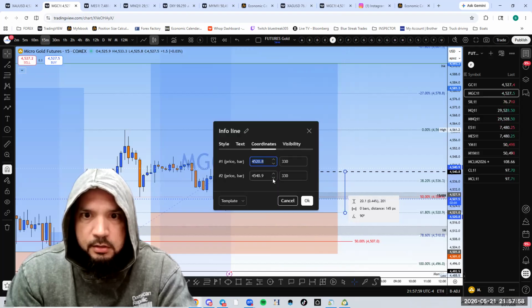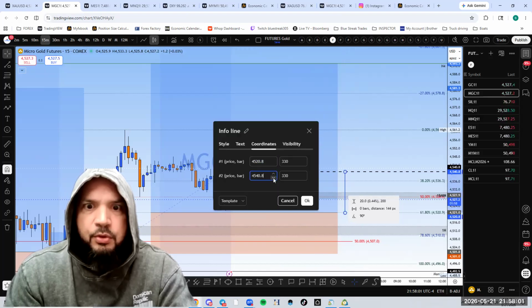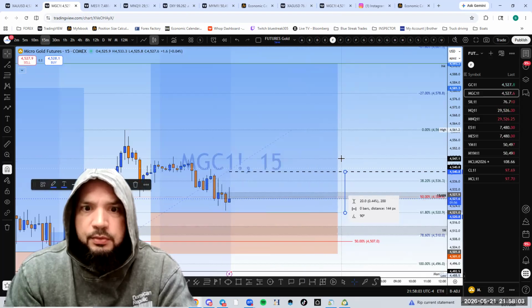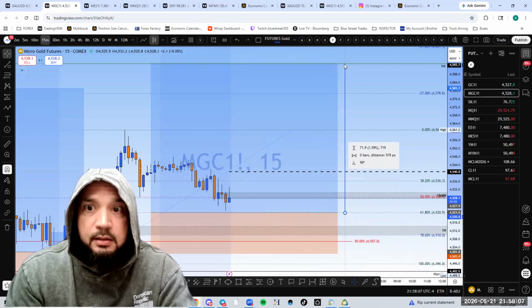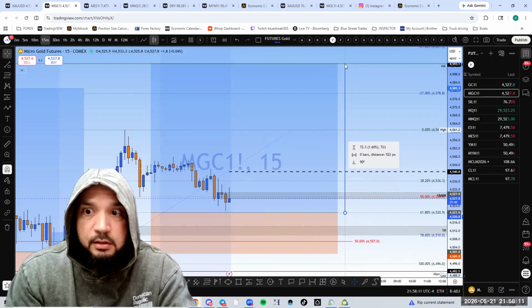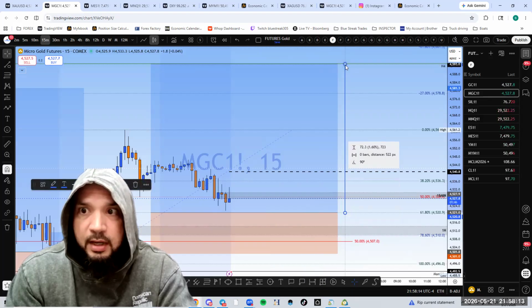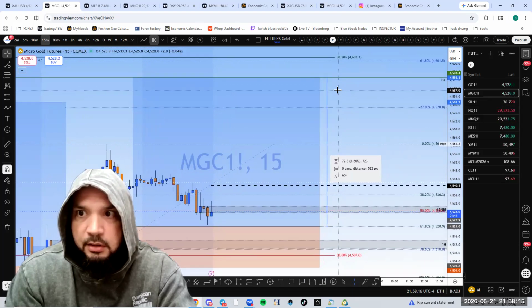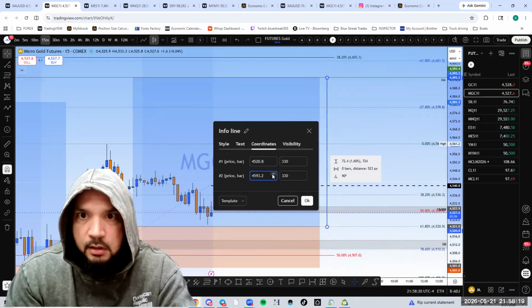It is 4540.8. This is the first take profit. This entire play is 700, call it 725 ticks. Hold on one second, I'll tell you right now. Just give me the limit price.